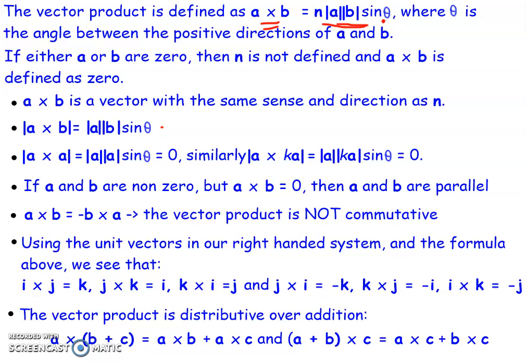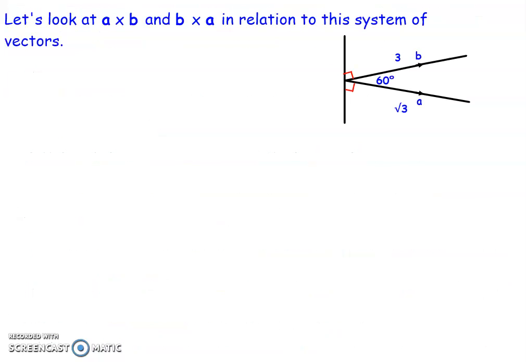Now, one thing I want to look at is an example where I can show you that two vectors are not commutative and why this is the case. Let's imagine I'm going to look at a three-dimensional system I've got here. So I've got two vectors, A and B, and I'm going to tell you that the vector A is this way and it's got a magnitude of √3. Vector B points this direction with a magnitude of 3, and the angle between the two vectors here is 60 degrees.